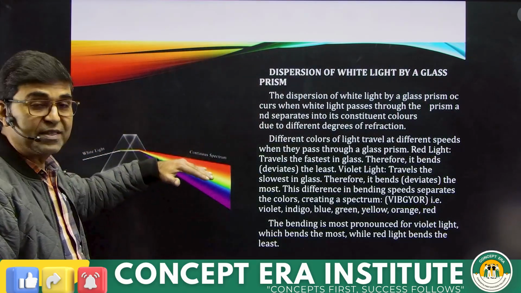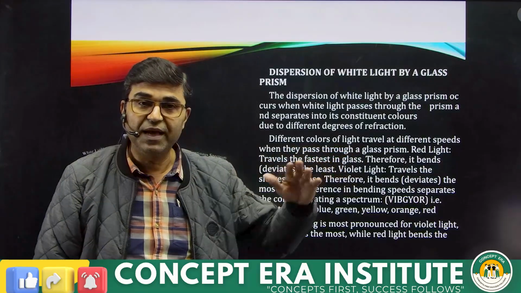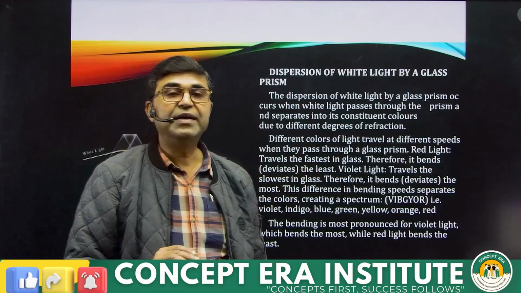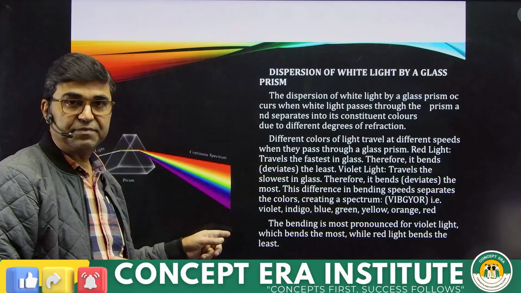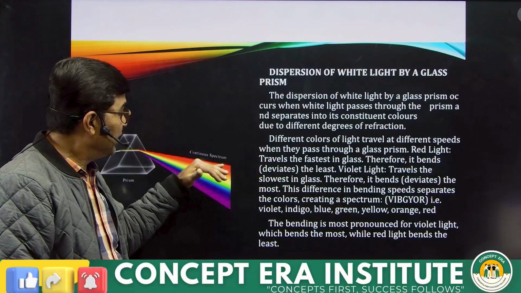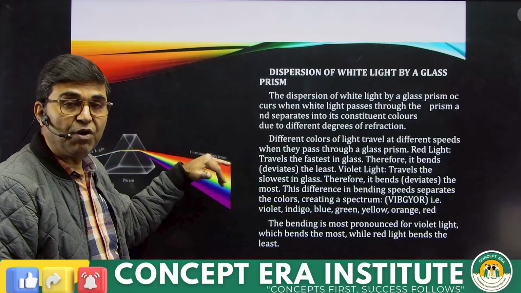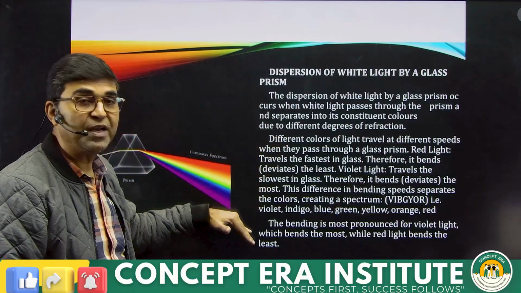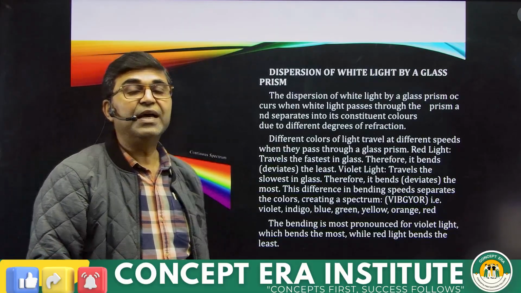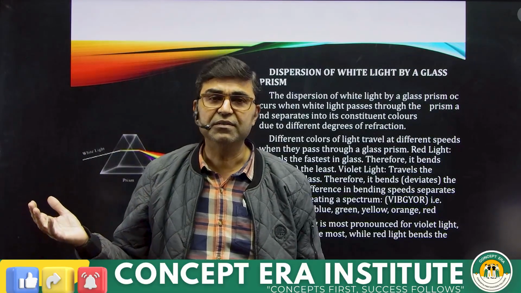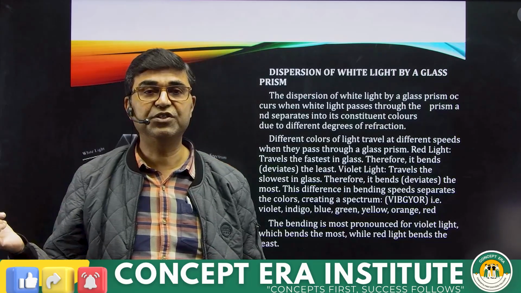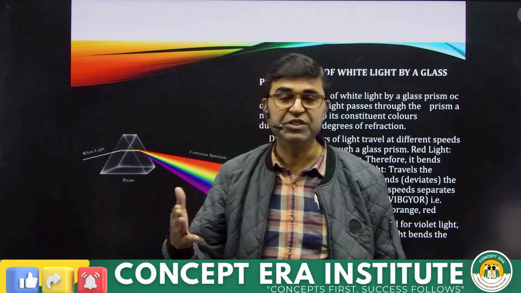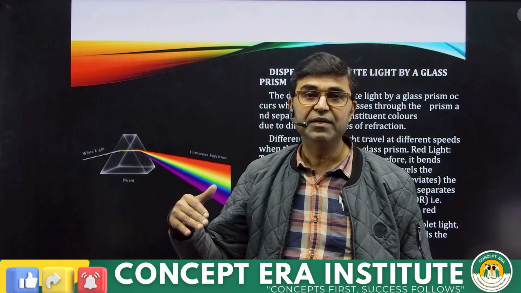Now, why does this happen? Why does the white light split into its constituent colors? White light contains all these colors. In these colors, the wavelength of red light is maximum and the wavelength of violet light is minimum. Like you have seen that when there is a traffic jam or a rush on a road, the bigger vehicles find it difficult to change their lanes or move to the other side.